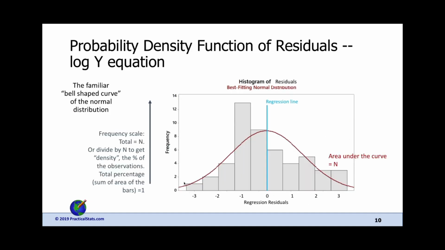If your data do meet the assumptions for regression, then what you would see would be something like this if you plotted just a histogram of the residuals. The 0 line here represents the regression line. The residuals are negative below the line and positive above the line. And you should be able to do a decent job of fitting a nice bell-shaped curve if the data follow a normal distribution. So those are the kinds of things we want to check.